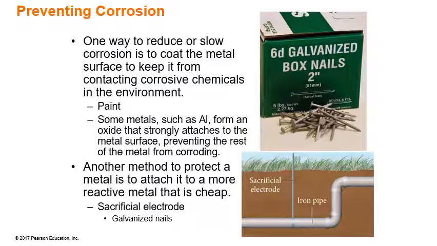There are other ways that we can prevent corrosion. So one way is that we can put a coating on the metal to keep it from contacting oxygen.